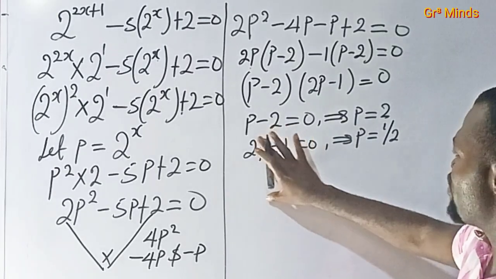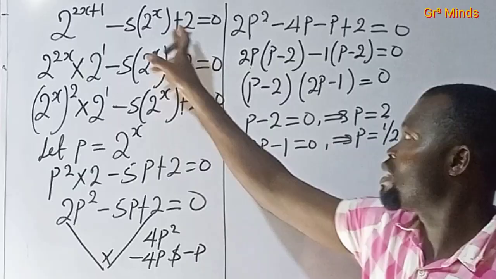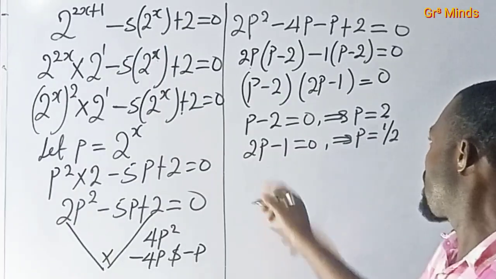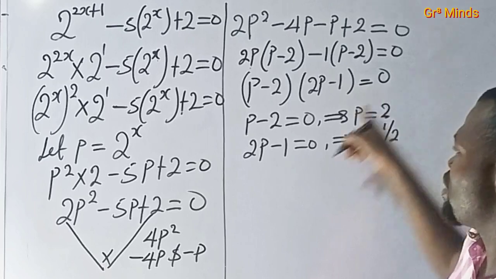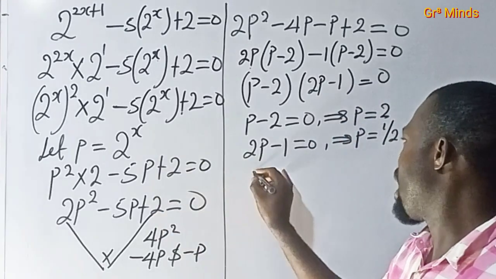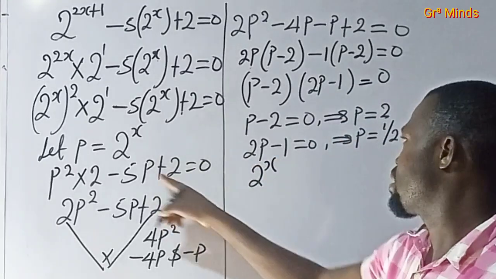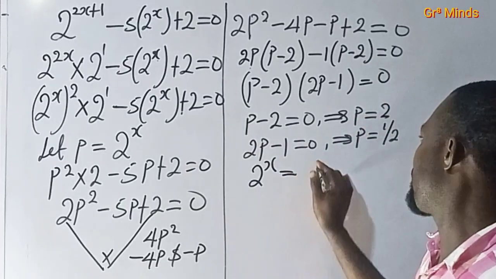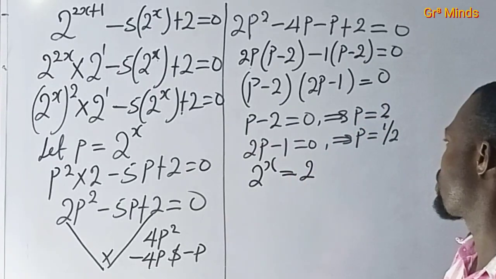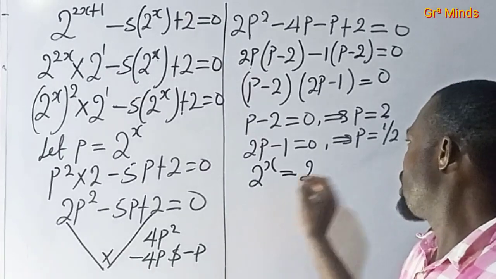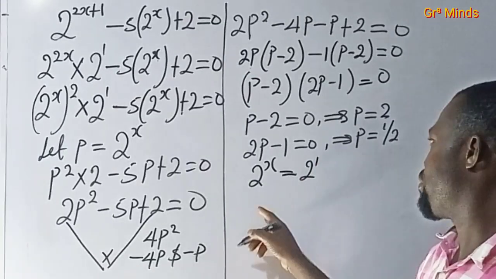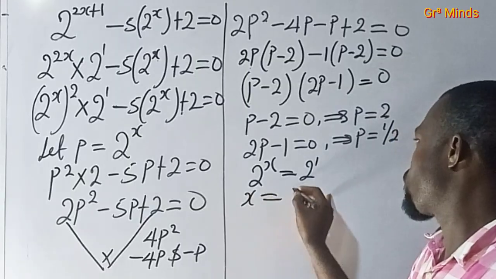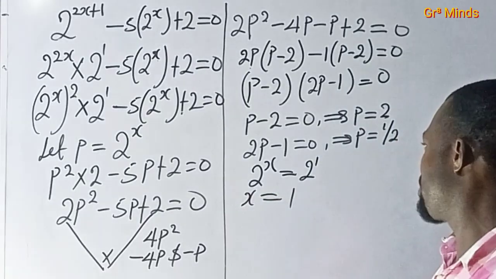Now, we are not looking for the value of p according to the equation, rather we are looking for the values of x. Now, when p is equal to 2, we are going to have 2 raised to the power of x equals 2. Now, this is automatically 2 raised to the power of 1. Since the bases are equal, it means that the powers must also be the same.